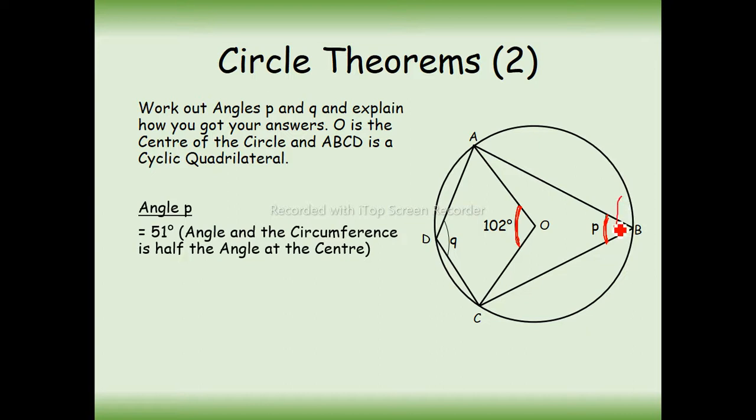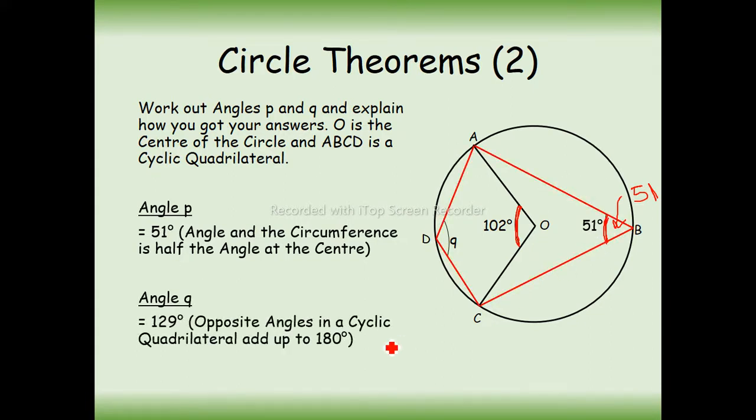Then Q is going to be equal to... We know that P and Q are opposite angles of the cyclic quadrilateral. So Q is 129, because 180 minus 51.